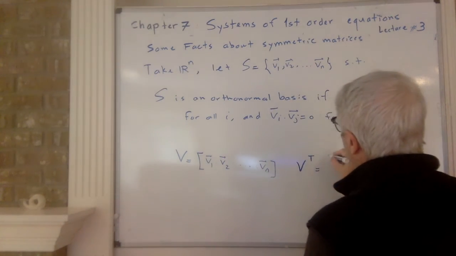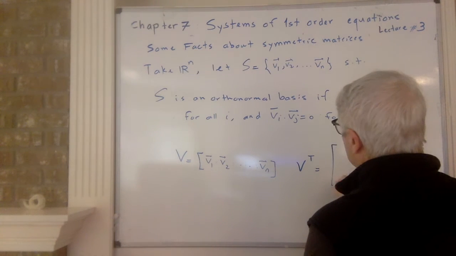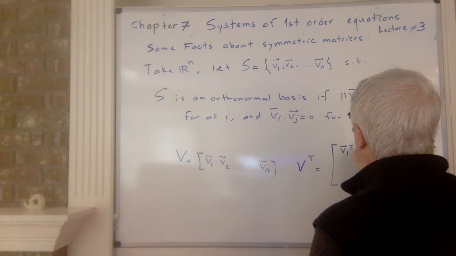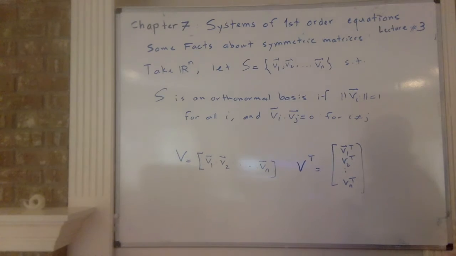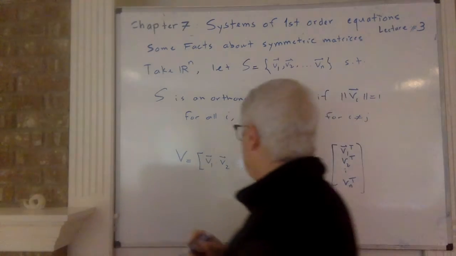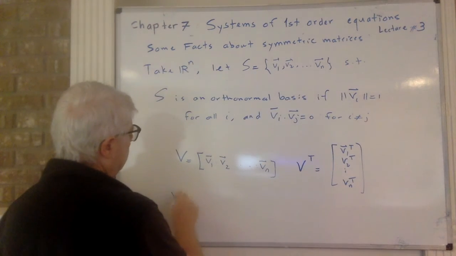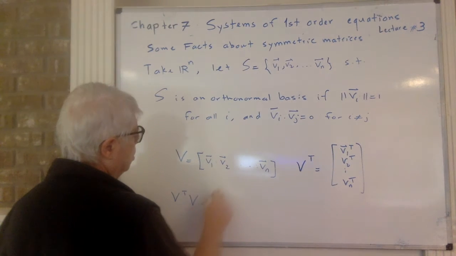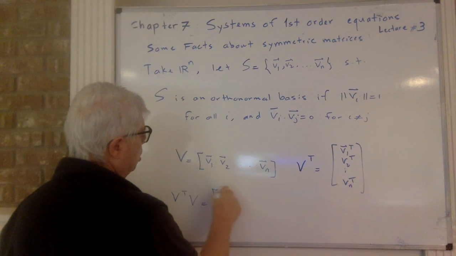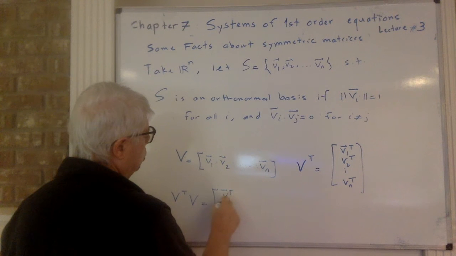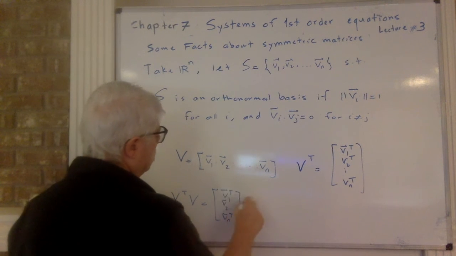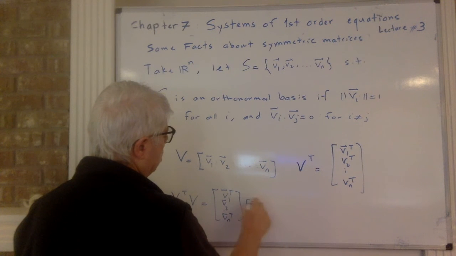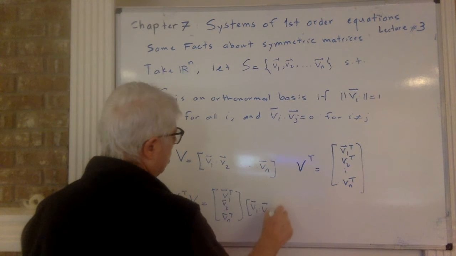So V transpose is this: V1 transpose, V2 transpose up to Vn transpose. Okay? So let's see what happens when we multiply V transpose by V. So that is V1 transpose, V2 transpose, Vn transpose, times V1, V2, Vn.